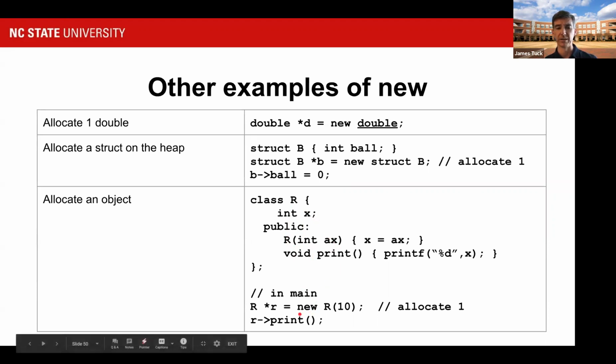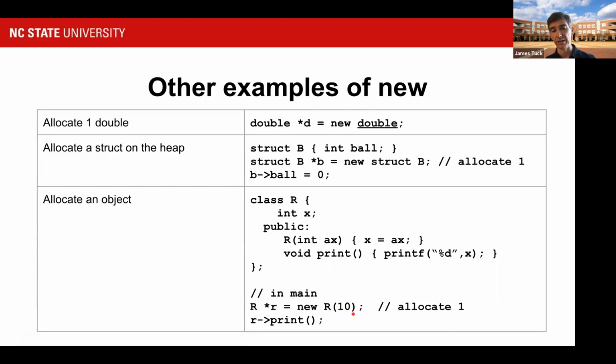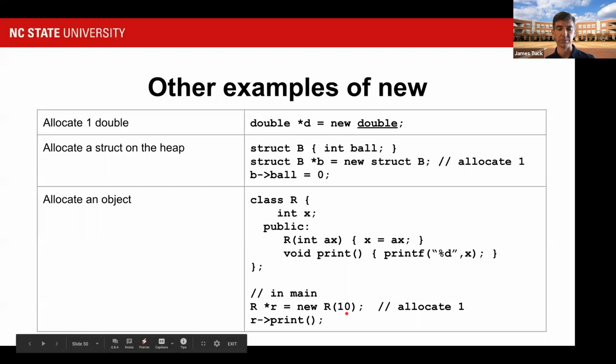And so I can call new and name the class, and in parentheses here I pass in the argument, the value that will be used by the constructor to initialize the object. And this will create a new object of type R, or an instance of R, initialized with the value 10.